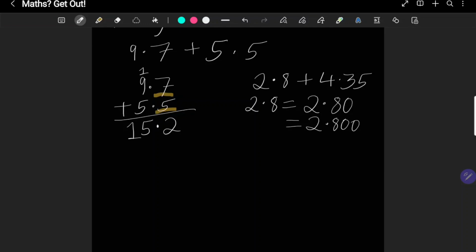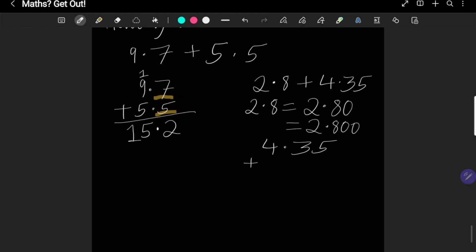Okay, so let us quickly add that. 4.35 add 2.8. By the way, it's just good practice to have the higher number first. I mean, no teacher should mark you down for that, but it's good practice.